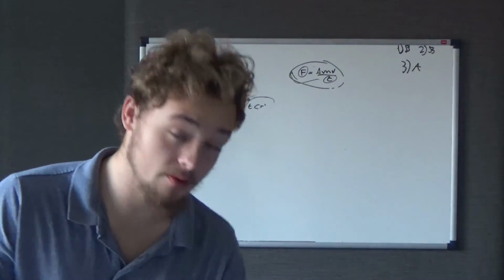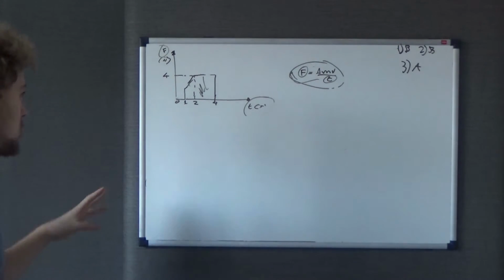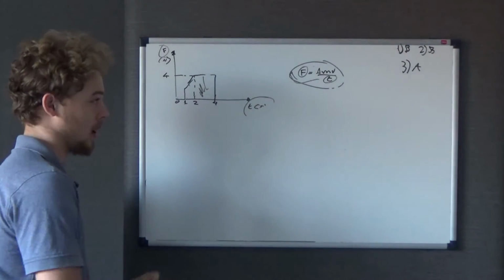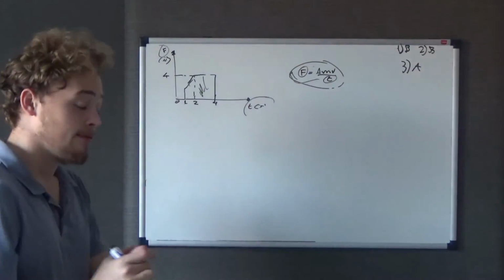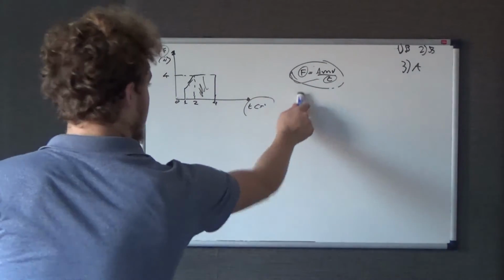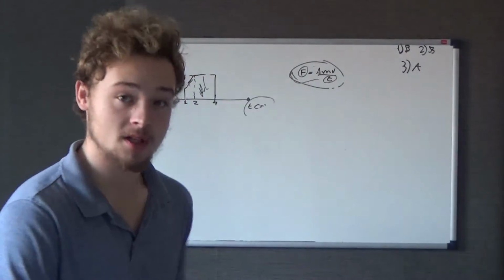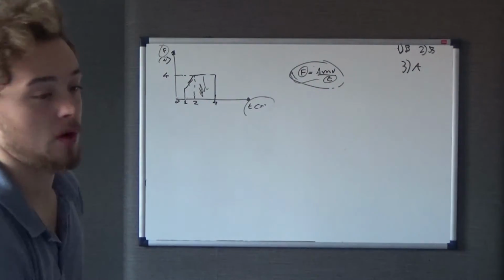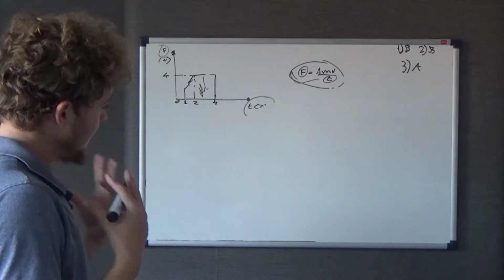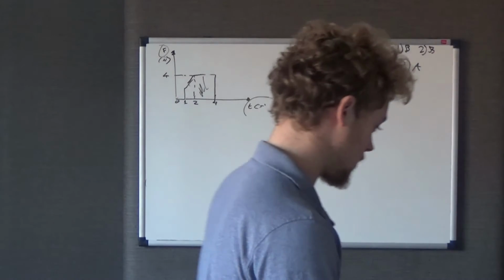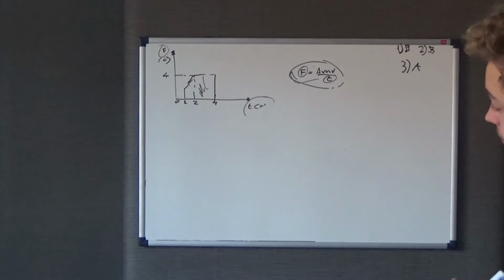Now, generally any graph about momentum you're given in a multiple choice question, or any graph for that matter, will generally be force against time, and it will always be some variation on this equation, which is the rate of change of momentum is equal to the resultant force, or just force, whichever way you want to say it. So in this particular case, we've got to work out the change in momentum of this object over the period of 5 seconds.